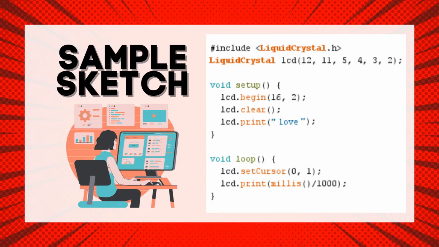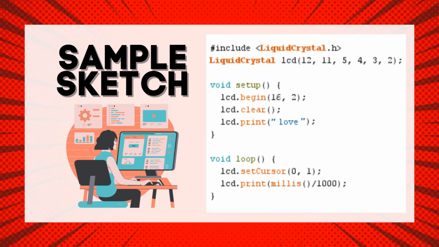lcd.clear is used to clear the old data on the LCD screen and position the cursor in the upper left corner for the default mode. lcd.print is used to display a message on the LCD. The data or message can be a character, byte, integer, long, or string. lcd.setCursor is used to move the invisible cursor to any location on the LCD before sending the data.